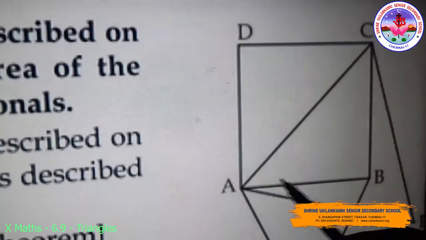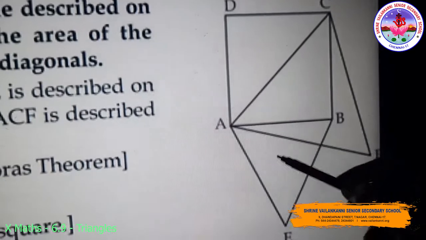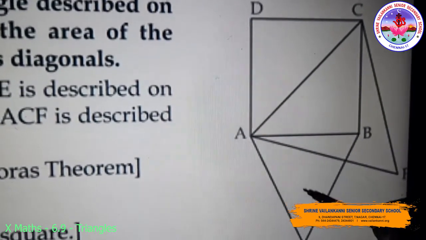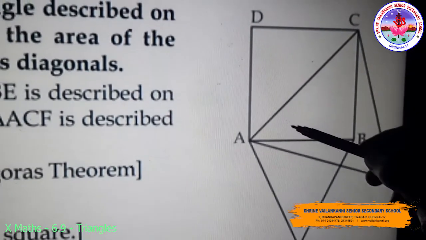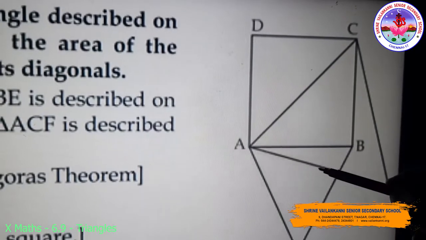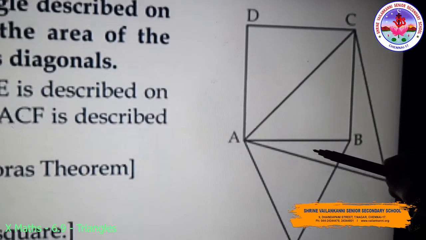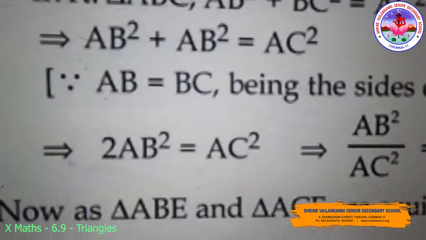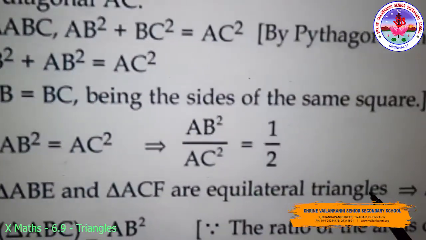Now coming to the figure, since triangles ABE and ACF are both equilateral triangles, whose angles will be equivalent to each other, I can say that these two triangles are similar. If these two triangles are similar, then their areas will be equivalent to the ratio of their corresponding sides squared. So coming to the problem, triangle ABE and triangle ACF are equilateral triangles.